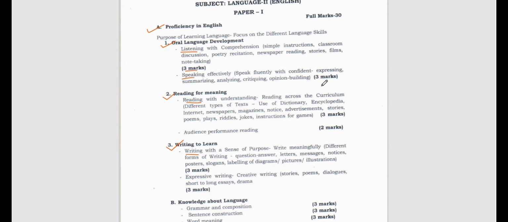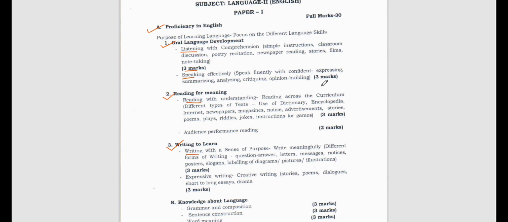However, the students in the current scenario are not using dictionaries much, because they are already given mobile phones, so they make use of those. But it is always better to use the dictionary book rather than the mobile phone, because a mobile phone has a lot of distractions, right? When you are going through a dictionary on your mobile phone, a notification will come and you will be distracted. So it's always good to use a dictionary.